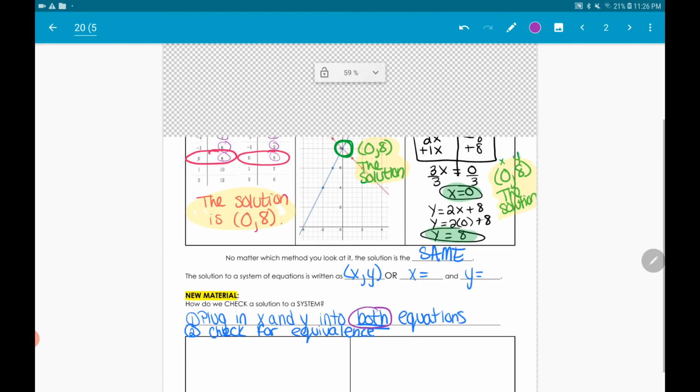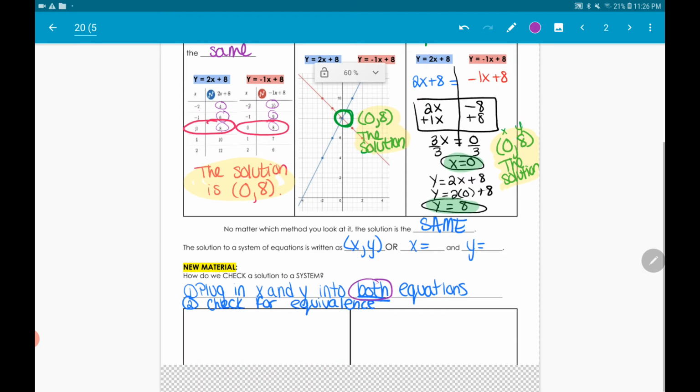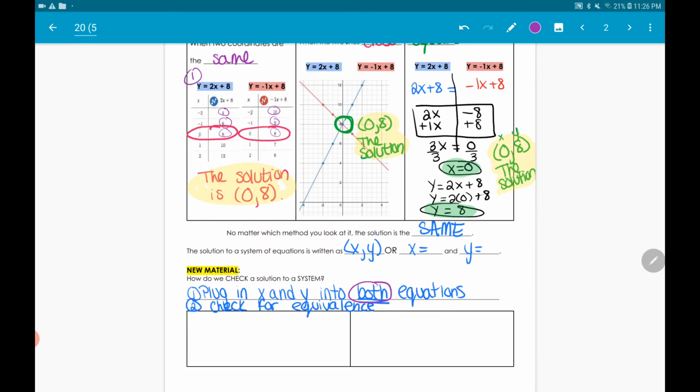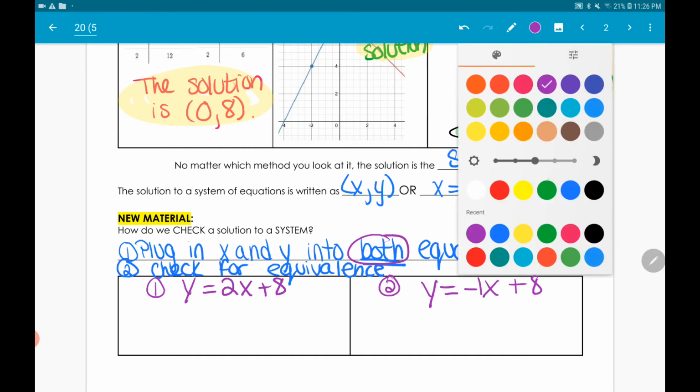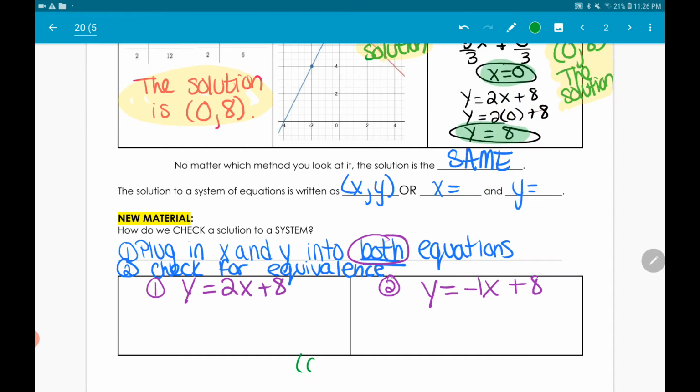So let's use the equations that we just did. Equation 1 was y equals 2x plus 8, and equation 2 was y equals negative 1x plus 8. Now the solution that we're checking is 0, 8.